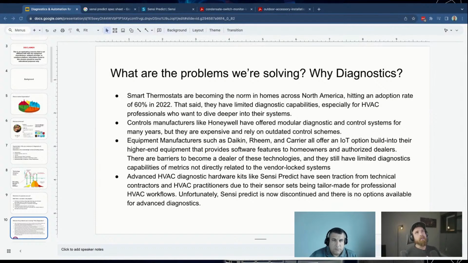But I don't think smart thermostats deployed en masse will ever give all of the sensing capabilities that Sensi Predict had, or what it should have. For systems that could be retrofitted, there are always options for additional sensors that should help an HVAC practitioner do their job better.